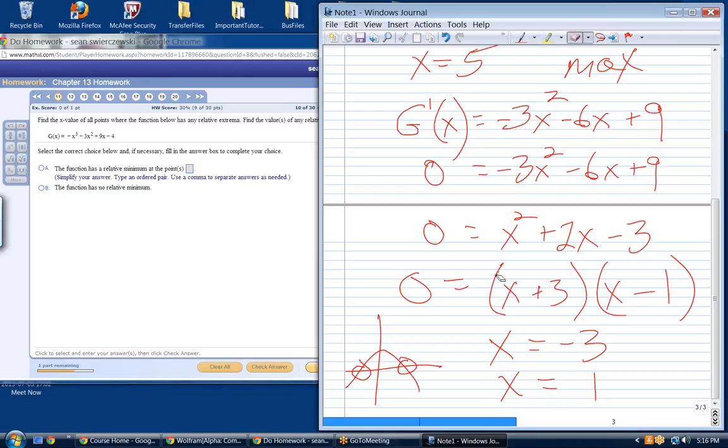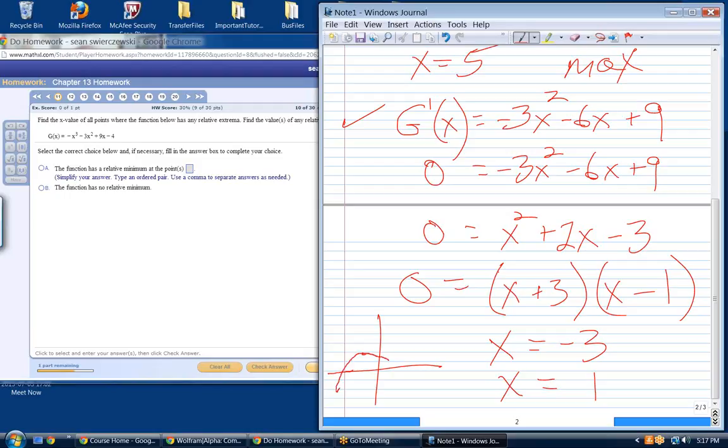Think about this for just a moment. If we go back to the original parabola that represents our first derivative, we know that it is downward opening.